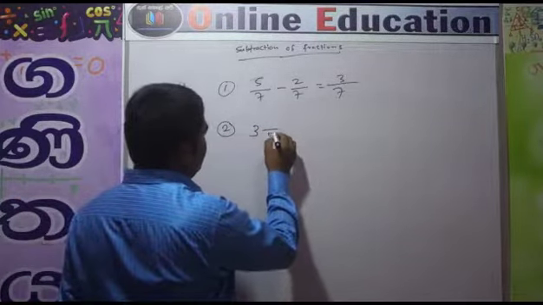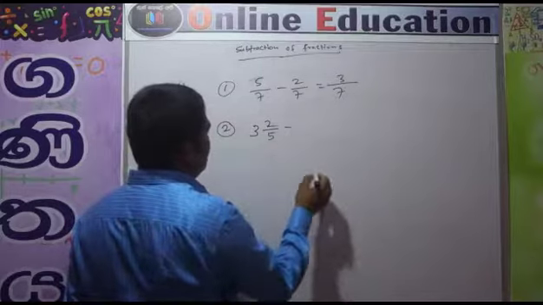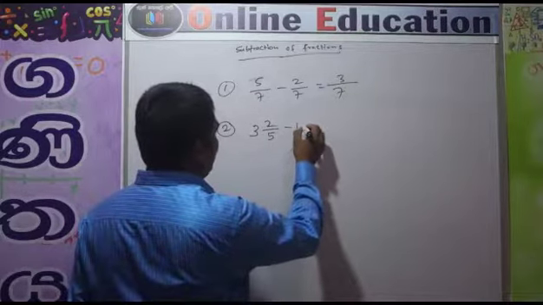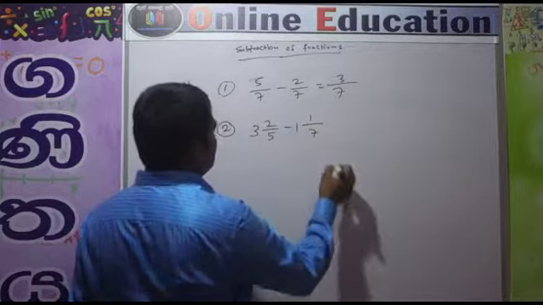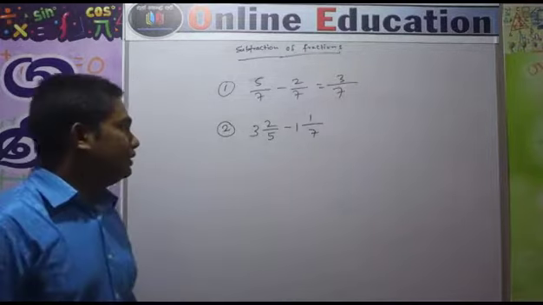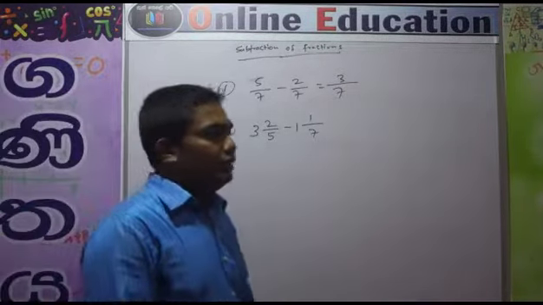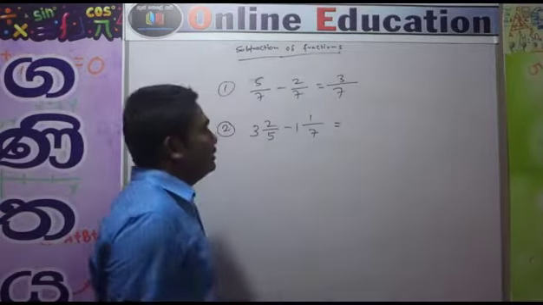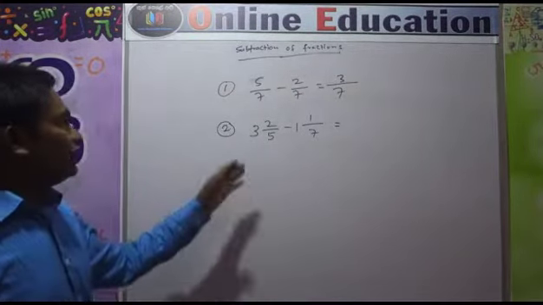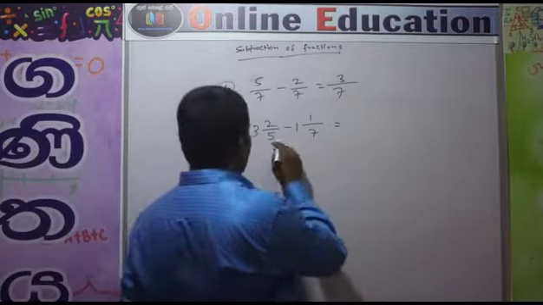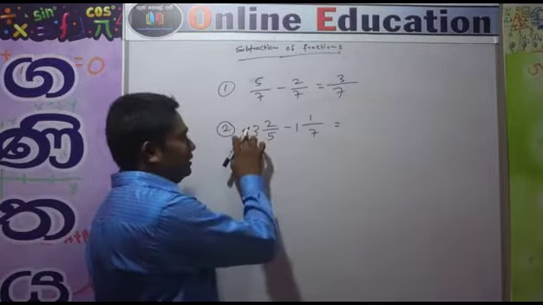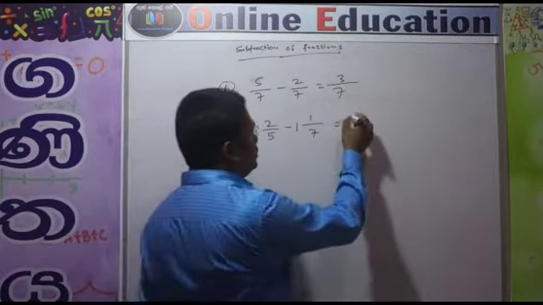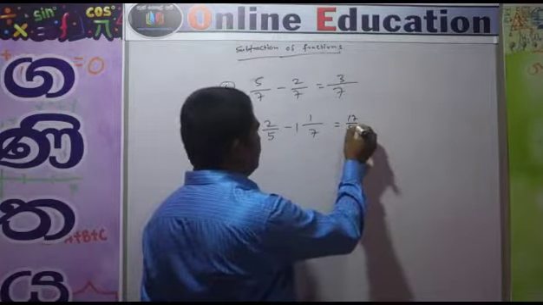3 and 2 over 5 minus 1 and 1 over 7. Okay. These are mixed fractions. What we want to do is, first you need to convert all the mixed fractions into improper fractions. 5 times 3 is 15, 15 plus 2, 17 over 5.